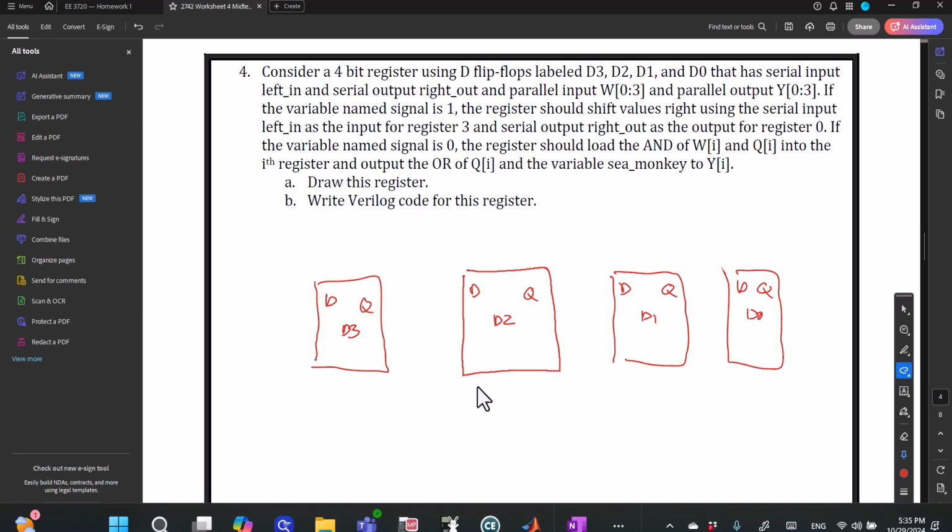Okay, so it has serial input left in. That means I have a variable left in that goes into the leftmost flip-flop. And serial output right out.